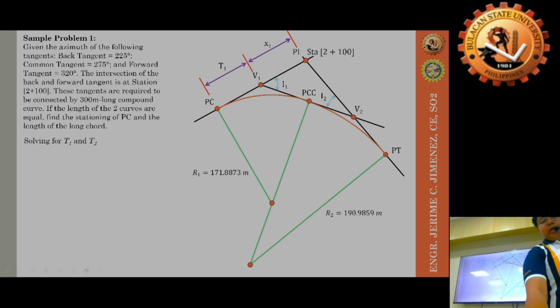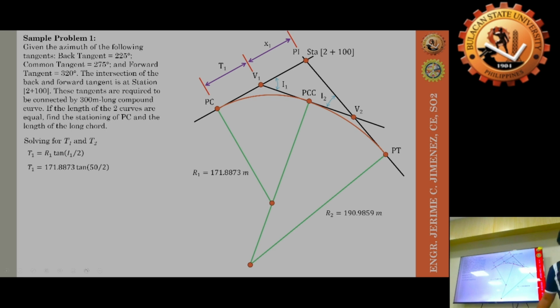Okay? So, to get T sub 1, this is equal to R sub 1 multiplied by tangent I sub 1 over 2. Substituting the value of the radius sub 1 and the I sub 1, what is the tangent distance?